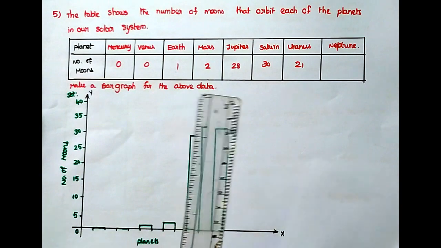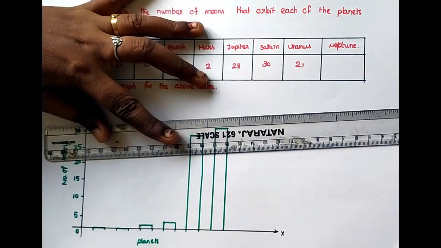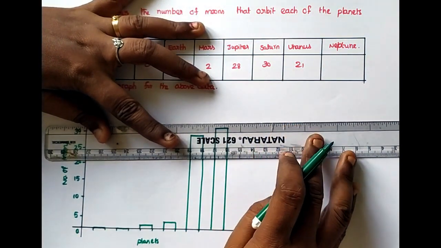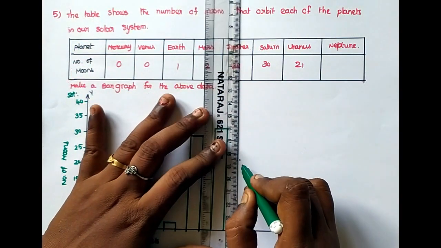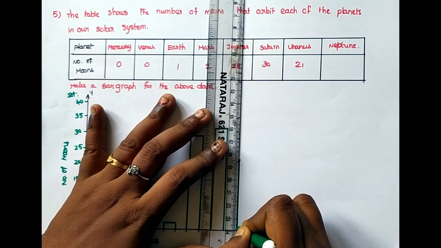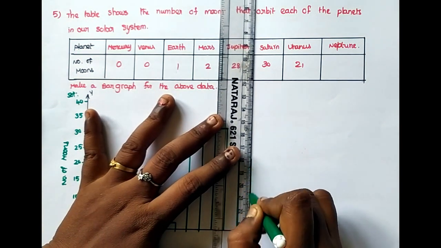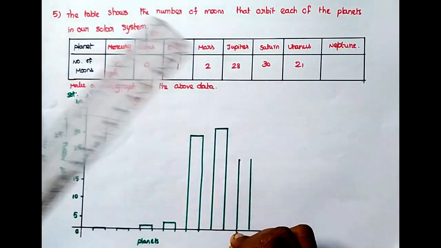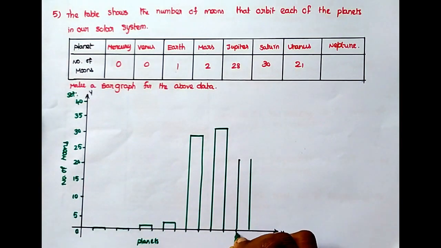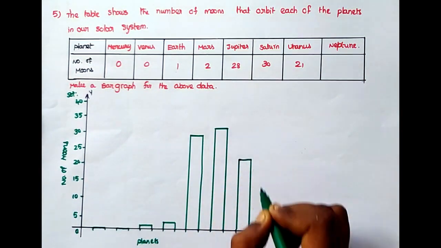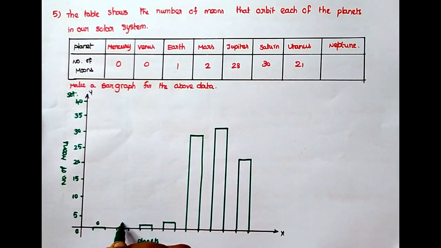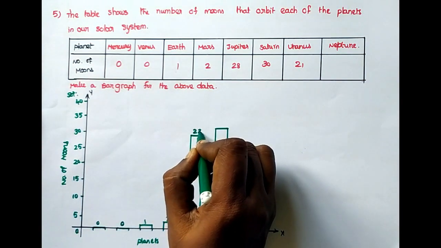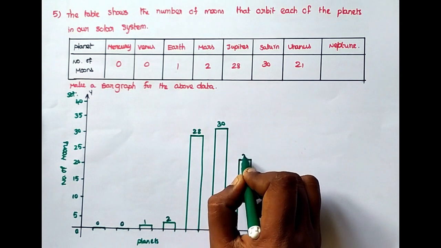Next one, 21. Write down the numbers. Here 0, 0, 1, 2, here 28, 30, 21.